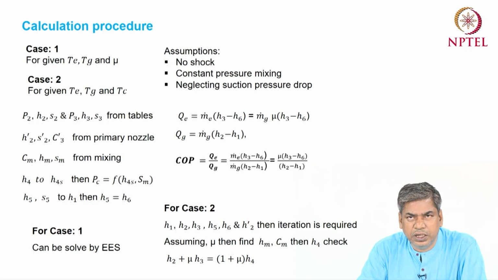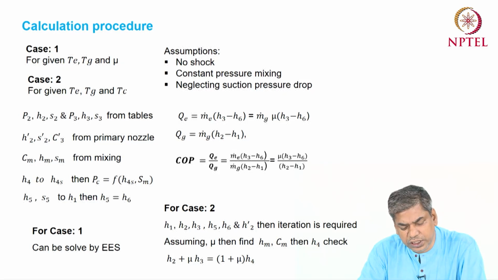There may be other combinations for other problems, but I want to consider these two specific combinations so that we can easily demonstrate how the calculation can be done for a vapor ejector system.